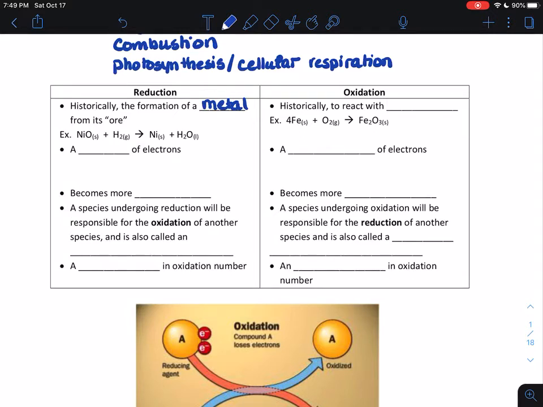And basically what happens to it through its processing, it's reduced to a much smaller volume. And that's where the word reduction came from. So for our purposes though, now what we actually mean is a gain of electrons. So that's what we mean by reduction.